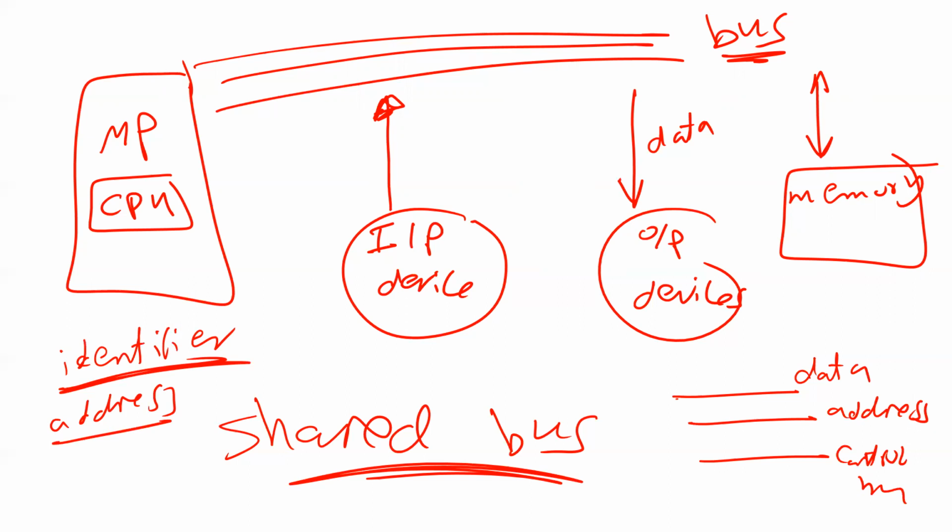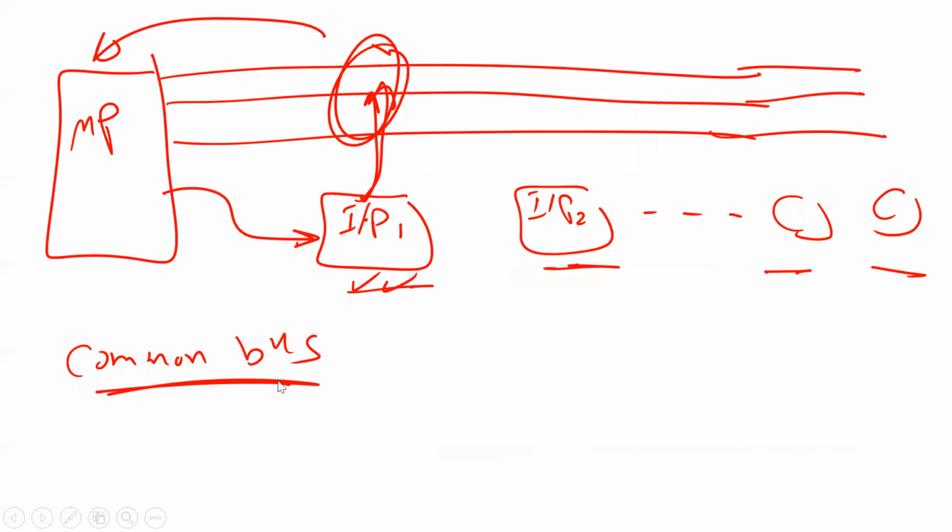It's like your social security number now. Every person has a different social security number to identify the person. Same thing here. If I want to read a certain device, I have to output its number. So every device has a certain number. For example, this.